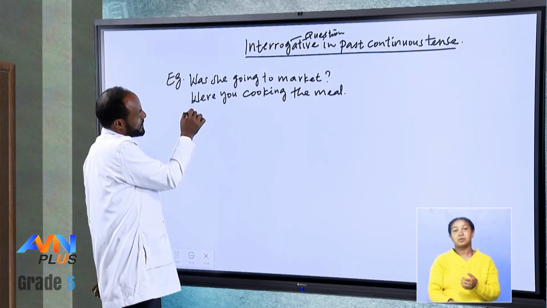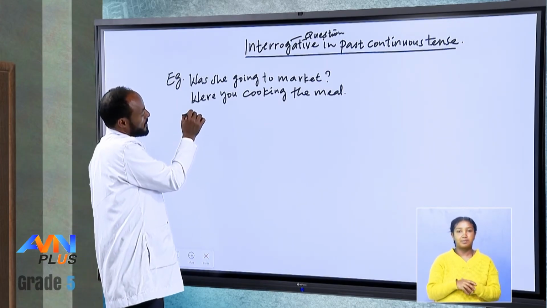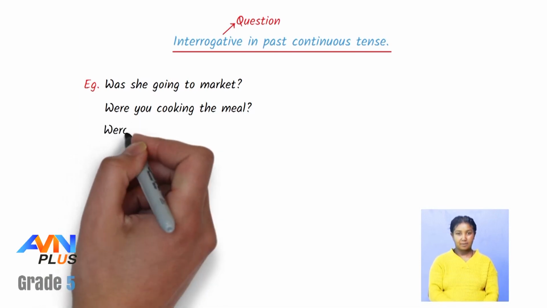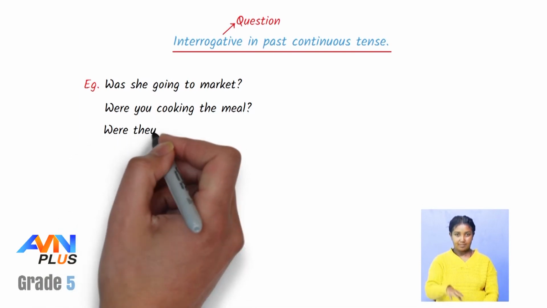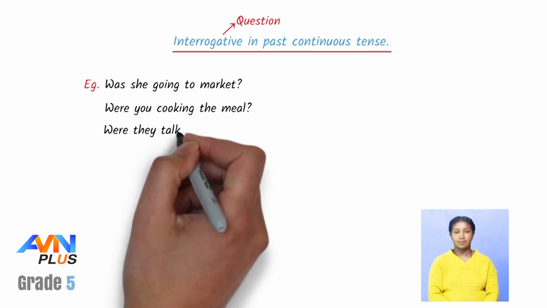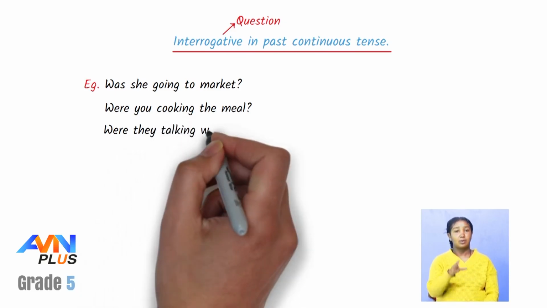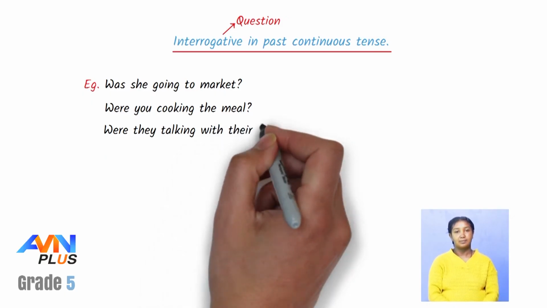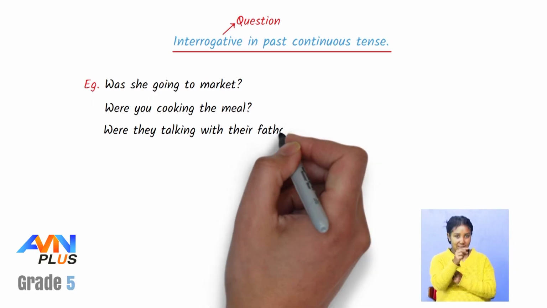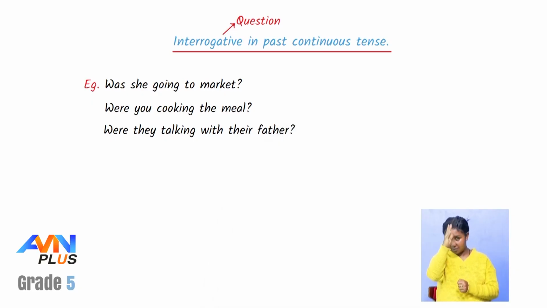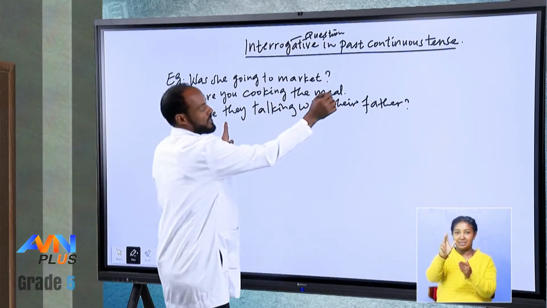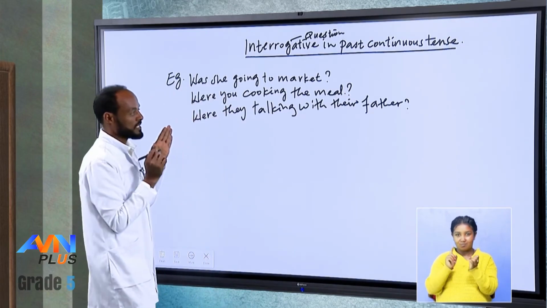Another maybe you can say here, were they talking? Were they talking with their father? Look, students. Now here are three examples. Here should be a full question mark.